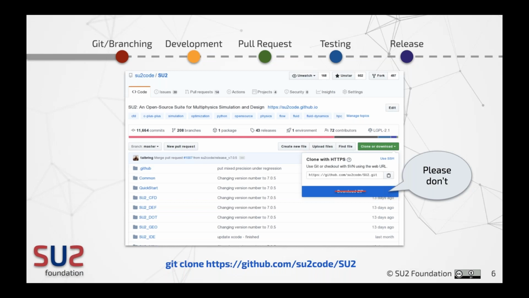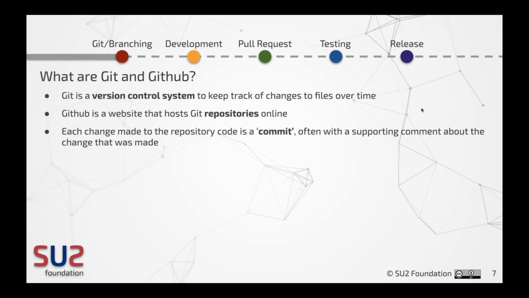So what are Git and GitHub? Git is a version control system that keeps track of your changes to the files over time. And like I said, that easily allows you to revert your changes and merge changes from others. And GitHub is just a website that hosts Git repositories online.